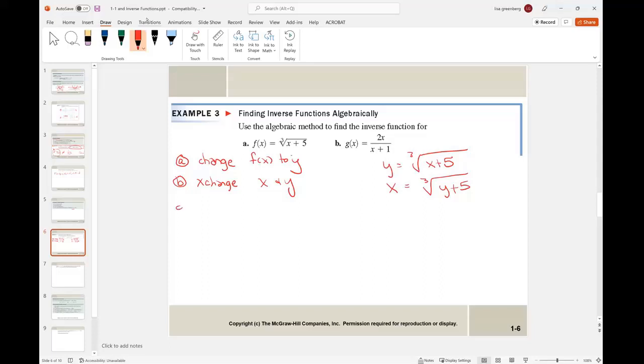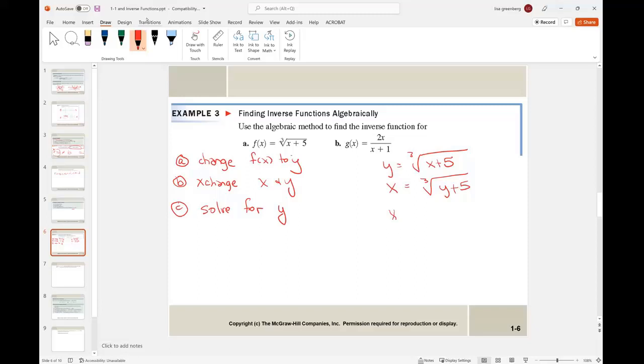Then this is obviously the hardest one. We want to solve for Y. So if I want to solve for Y, what would I do here? Any ideas what I could do first here? Cube. Good. I'm going to cube both sides, right?